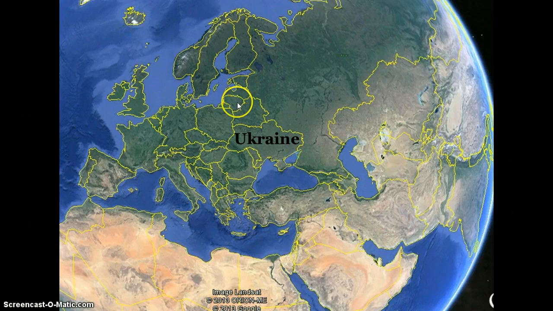Estonia, Latvia, Lithuania, Belarus, Ukraine, Moldova, some of the countries down here as well, Georgia, Azerbaijan, and the Central Asian republics like Kazakhstan. These countries were part of the Soviet Union, and when the Soviet Union fell in 1991, these countries got their independence. And then Russia is the largest republic from the Soviet Union.